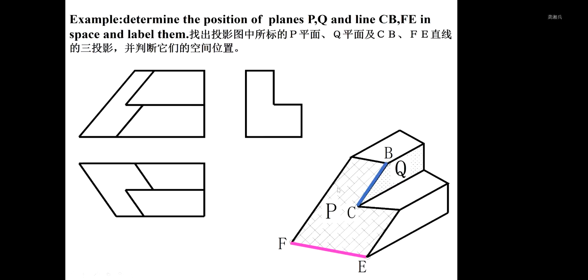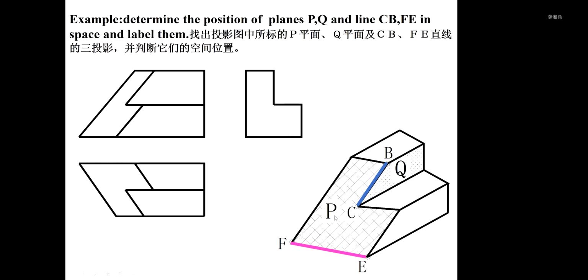We sometimes use capital letters to represent a plane. We also use a shape, just like plane ABCD, to represent a plane. So in this one, we use the letters P and Q to represent planes. P is this one, Q is this one. We have some shape to mention it.